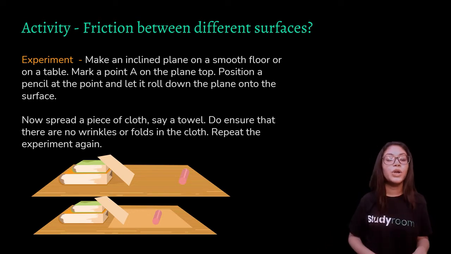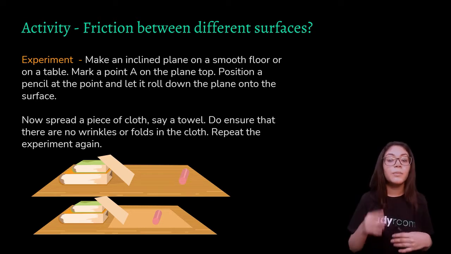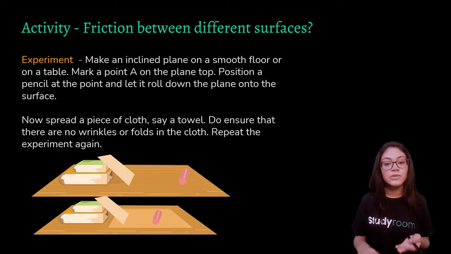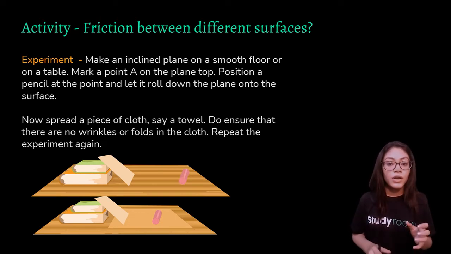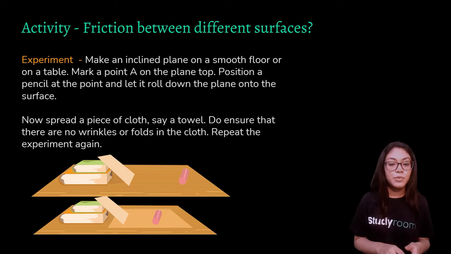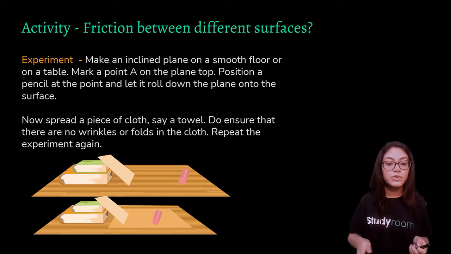Now you take a piece of cloth, a towel or any other cloth, but make sure there are no wrinkles or folds on it. You repeat the same procedure, that is, you make the pen move from the inclined surface onto the towel.